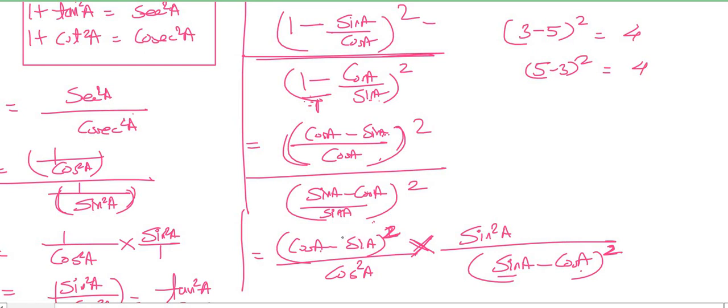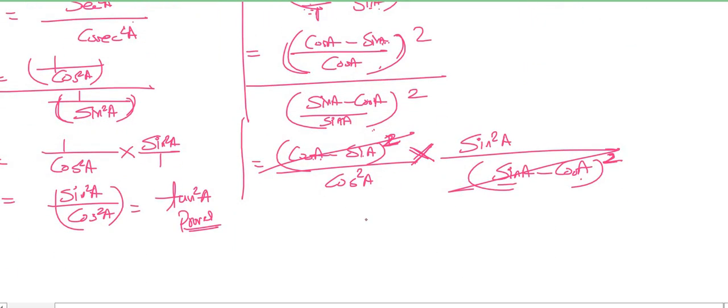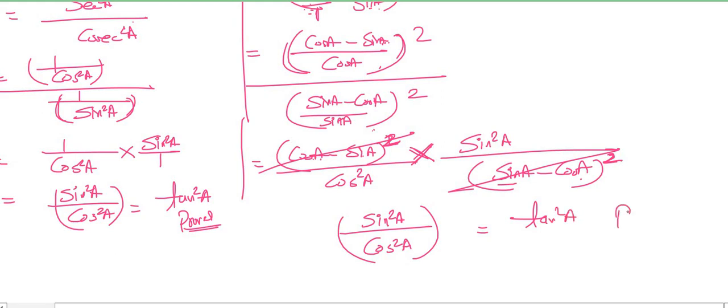Just like that, cos minus sin square or sin minus cos square, they both are the same. Okay, I hope you got it. So this will cancel. So what I am getting here is sin square by cos square, and sin square by cos square is tan square, hence proved. Okay, I hope you understood. See you in the next video.